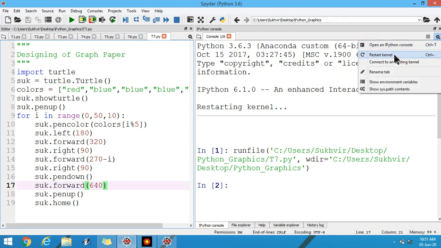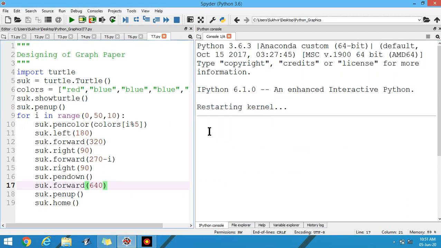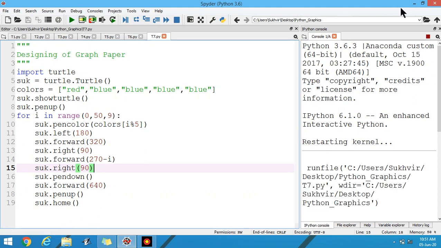Basically, divisibility by 10 is there. It means all the colors are red. If I change the value from 10 to 9, then I can change the color because the remainder is different now. Let's execute it.